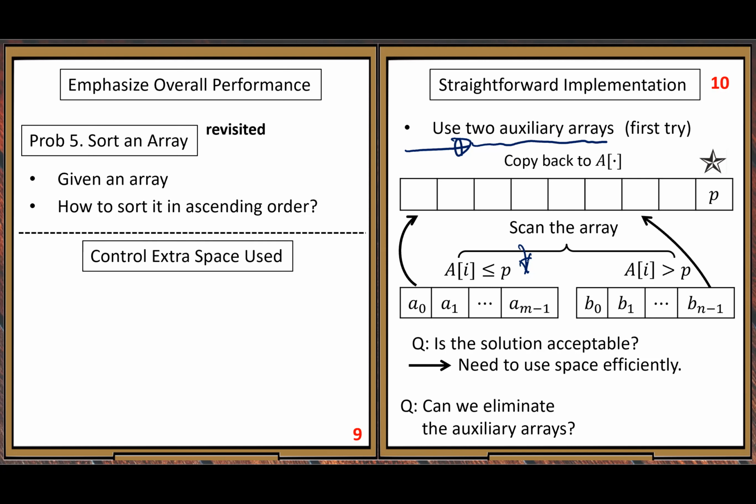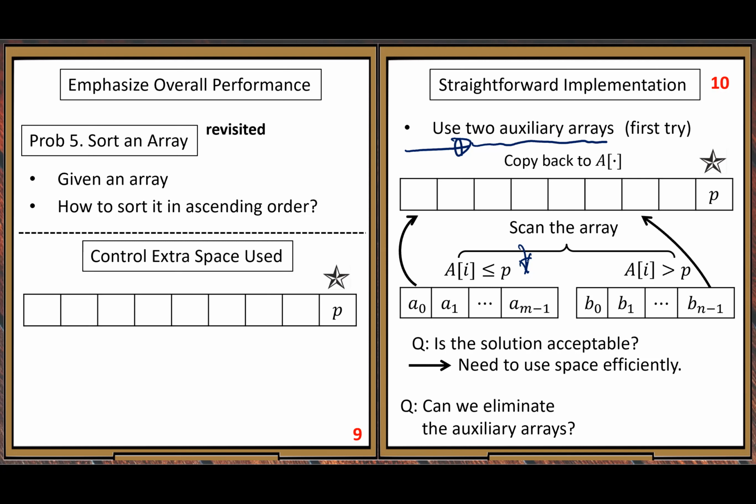So here, we need to control extra space used to the minimum. You can use extra space, but we want to control it to the minimum. So let's look at the improved implementation here.